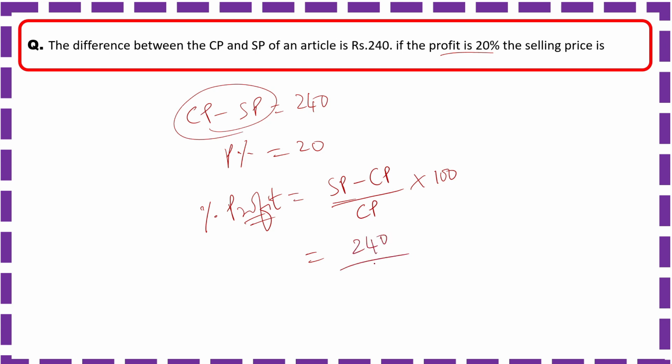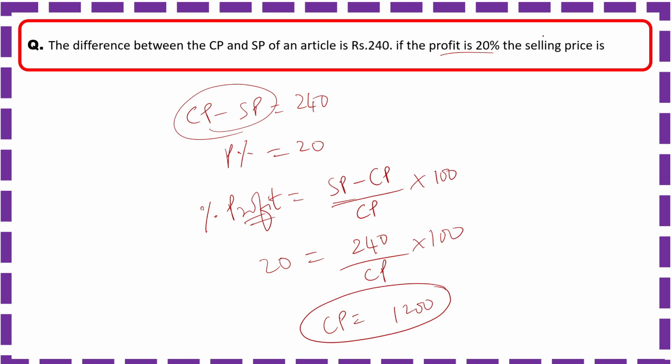So 240 by cost price into 100, and the profit percent we know as 20. So CP will be equal to 1200, but we are asked to find the SP, not CP. So we know CP is 1200, and we also know the difference of SP and CP, that is 240. So SP is equal to 240 plus 1200.